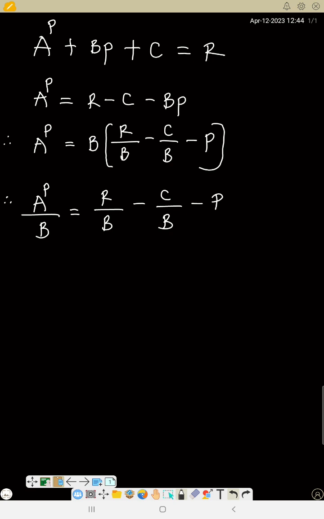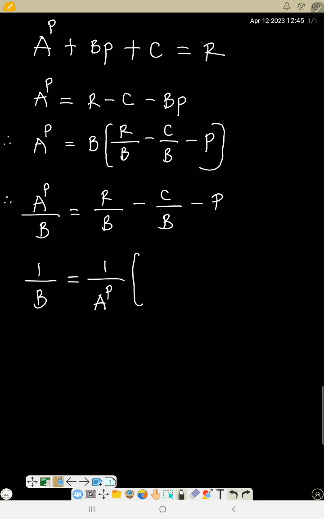So now I can also say this is the same thing as 1 over b is equal to 1 over a raised to power minus p, a raised to power p, brackets, because if I cross multiply, this a raised to power p will go back to that place.